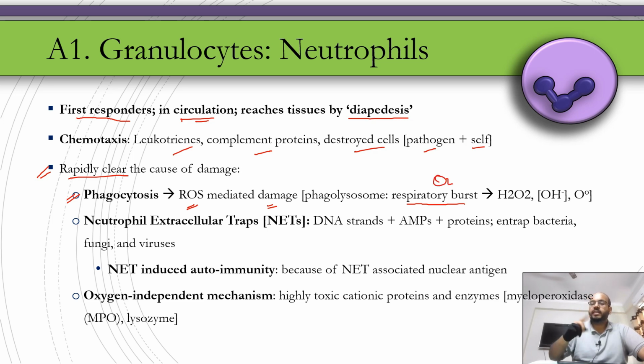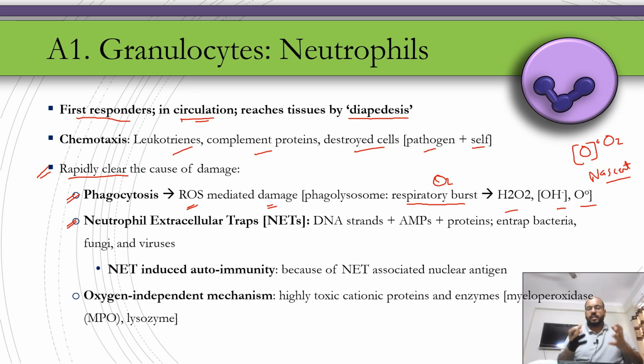And there are other oxidative enzymes for this respiratory burst, like hydrogen peroxide, hydroxyl ion, and nascent oxygen. Okay, nascent. That means individual oxygen. We know that O2 is the molecular formula for oxygen, but if there's an individual oxygen atom, then it is known as nascent oxygen. Clear?